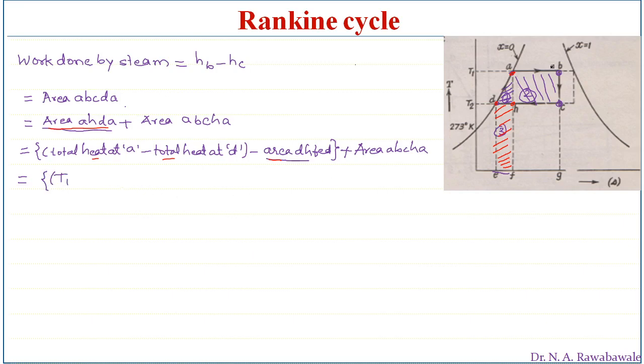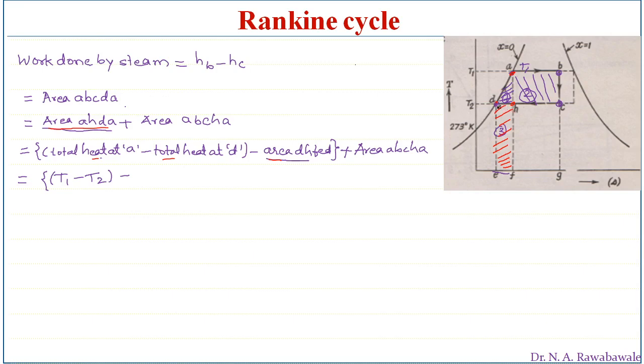So at point A, a higher temperature T1 exists. So we write it as T1 minus total heat at D, which is represented by T2, because at point D the temperature is T2. T1 minus T2 minus the area of this rectangle.